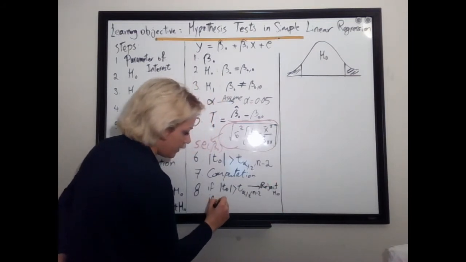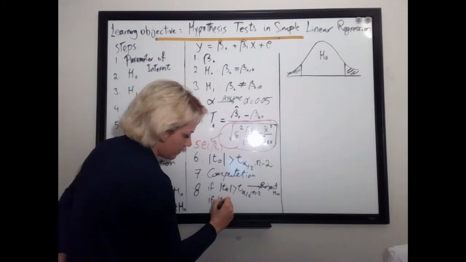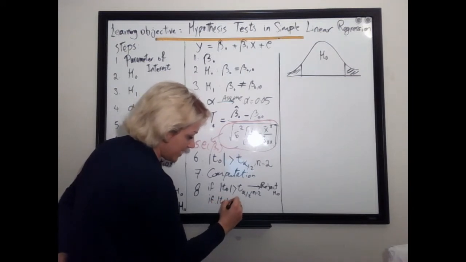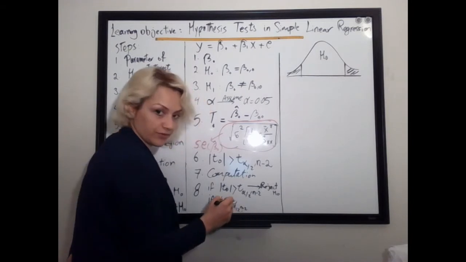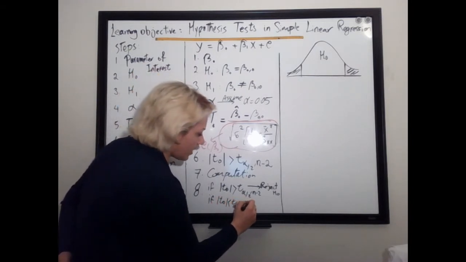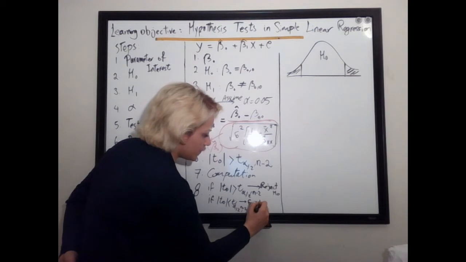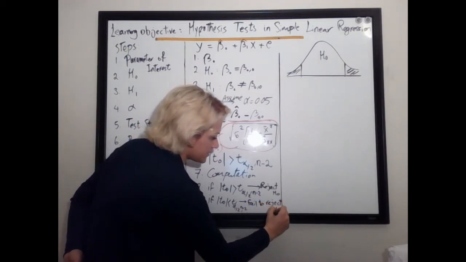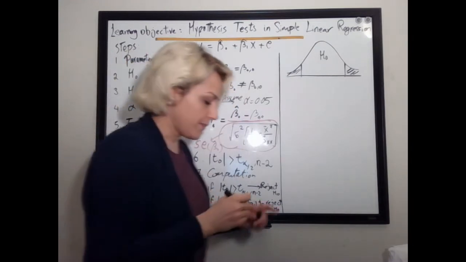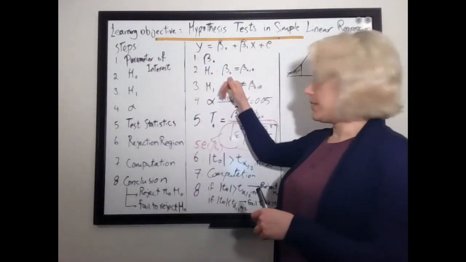If this T null was less than T half of the alpha and n minus 2, then I would fail to reject the null hypothesis, which is this one. Okay, so this is for the beta null.